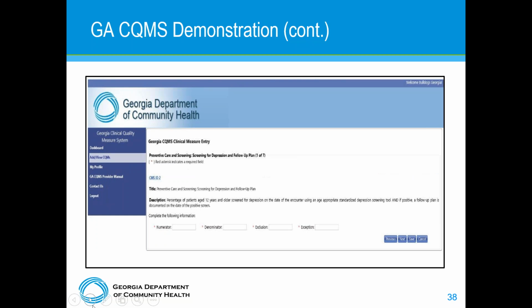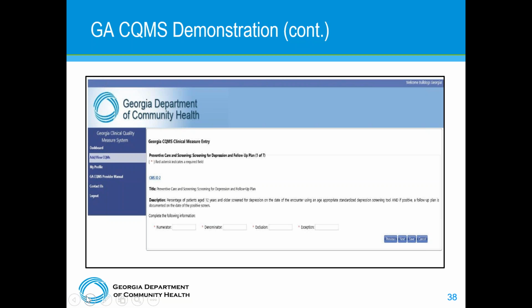Next slide. The manual entry will require a numerator, denominator, as well as sometimes an exclusion or exception, depending upon the CQM. It is very easy to enter that CQM data, and as Jeff said earlier, DXC is currently available to assist with manually entering that data.